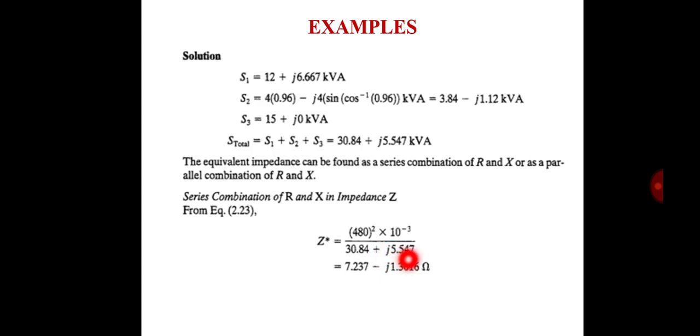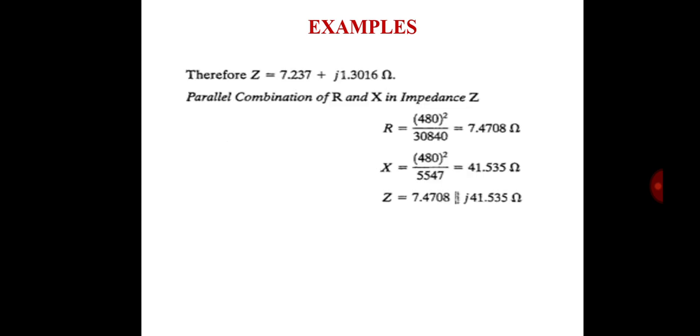So for the series combination, Z is equal to 7.237 minus j 1.3016. Okay.